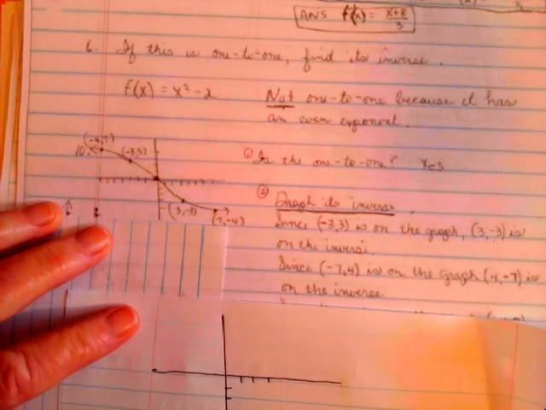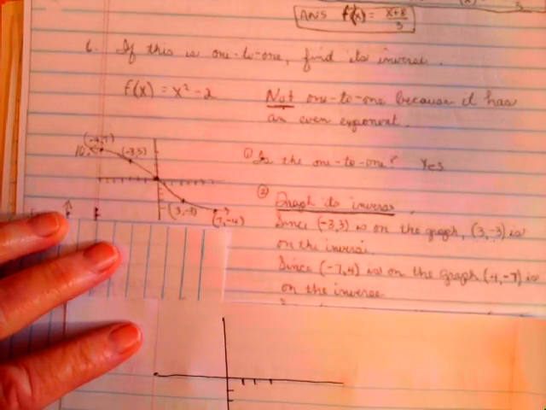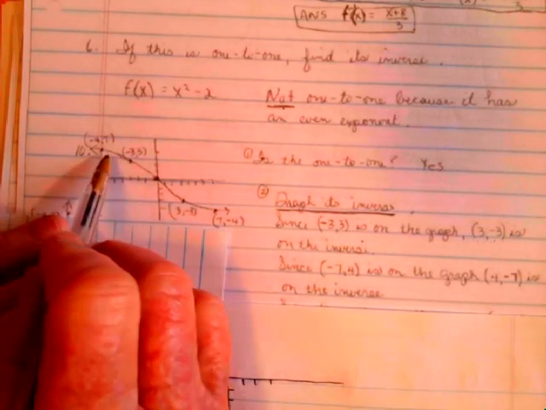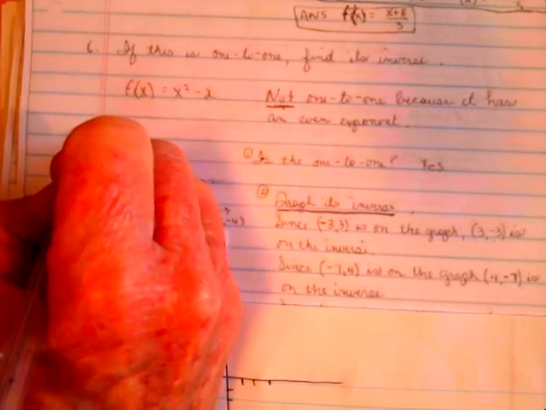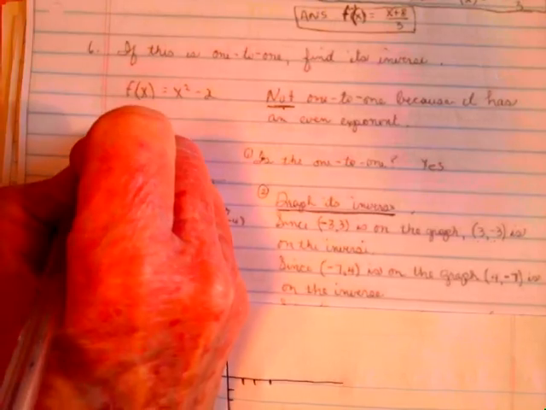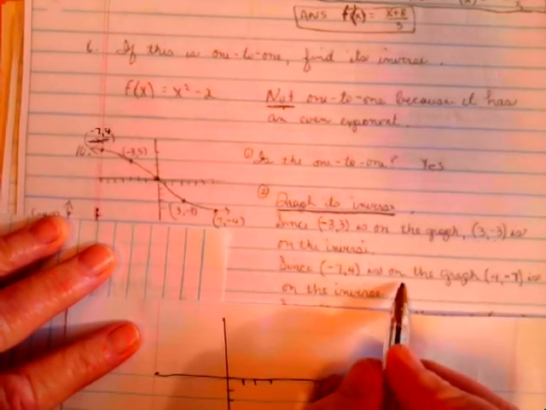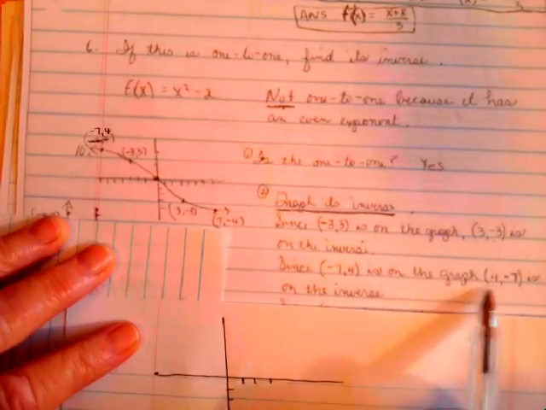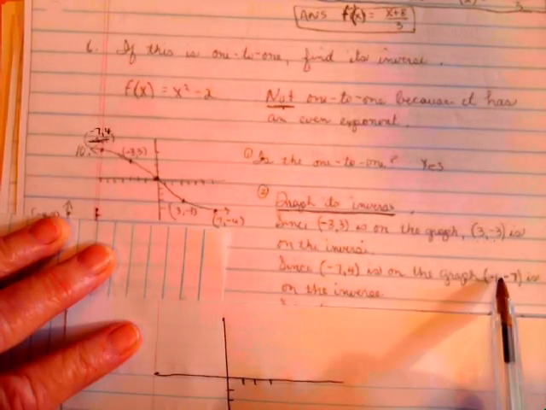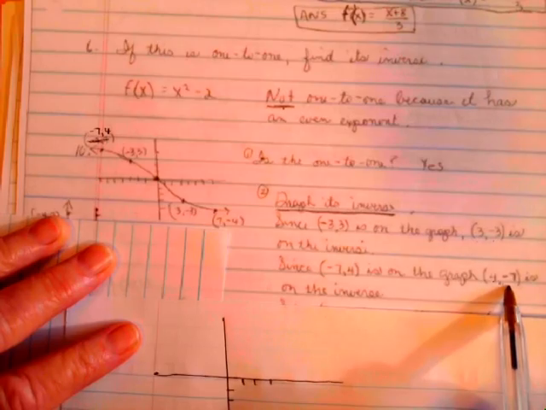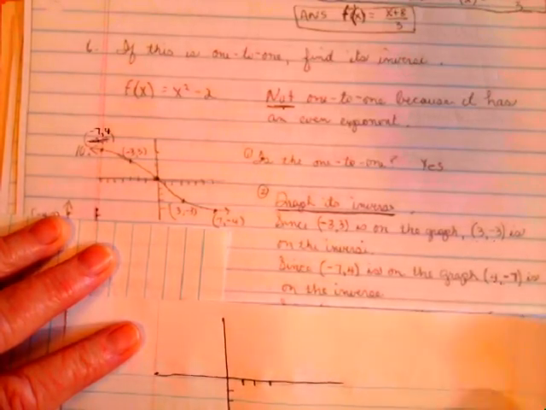Since negative 7, 4 is on the graph, 4, negative 7 is on the inverse.